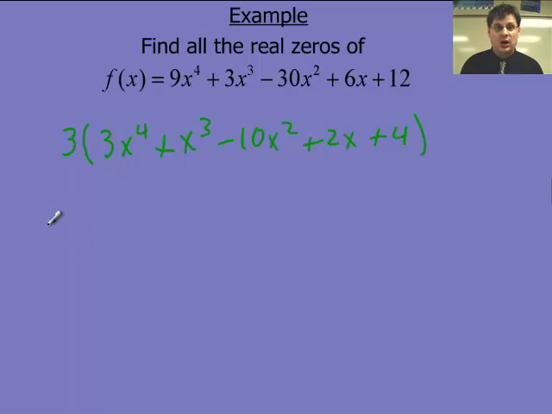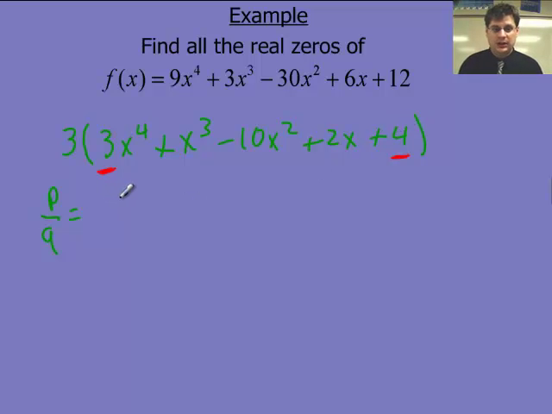We're going to find all the possible rational zeros in our next step, and that's going to be our ratio p over q, remembering that p is all the factors of our constant term, over q, which is all the factors of our leading coefficient. I'll start off with factors of 4.